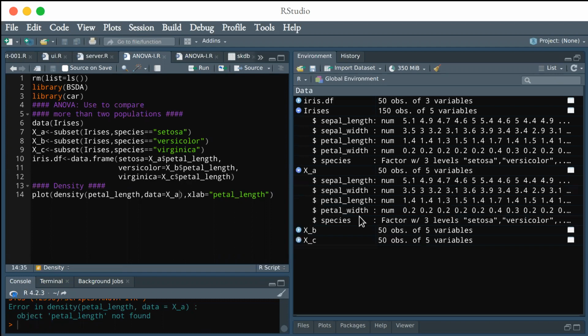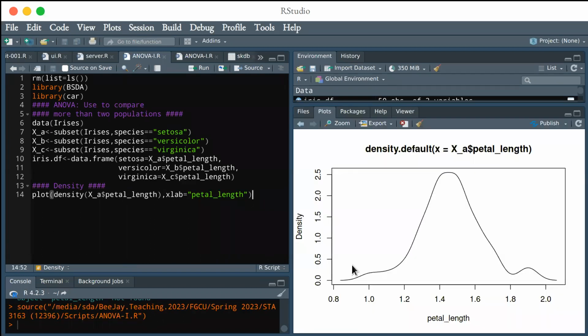Okay, so that is for the first species, which is Setosa.